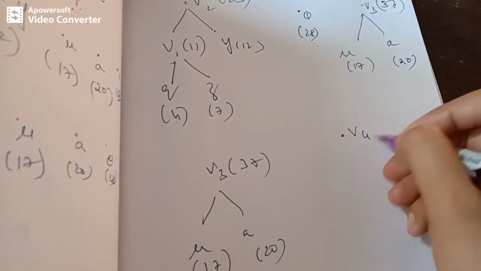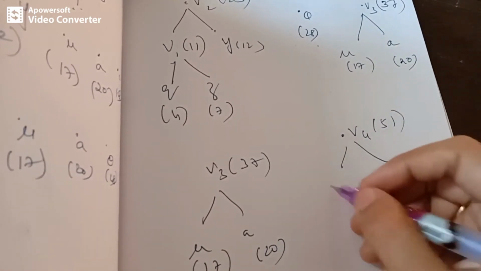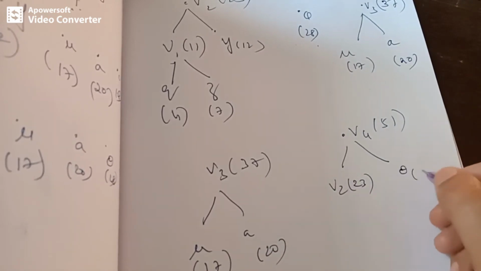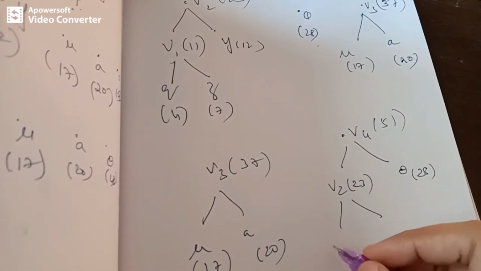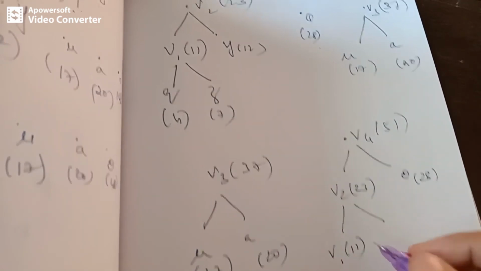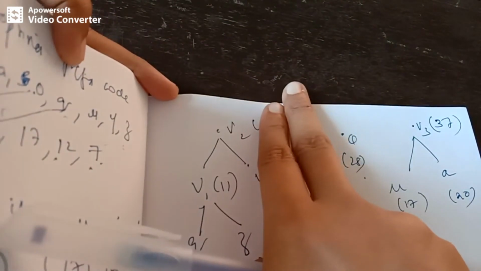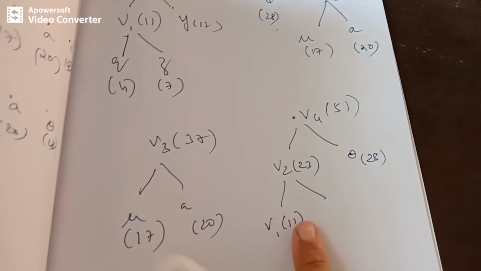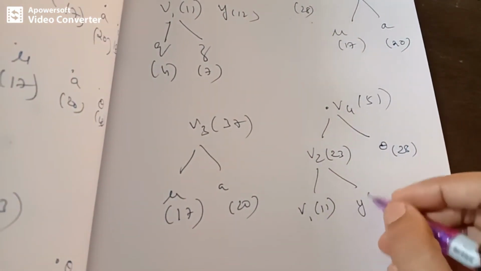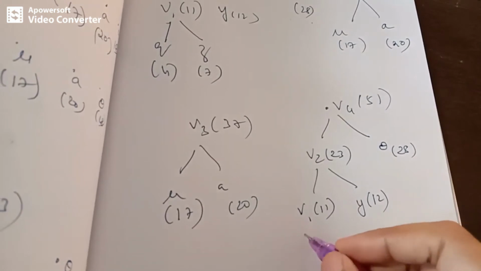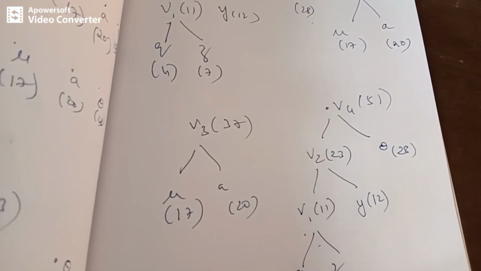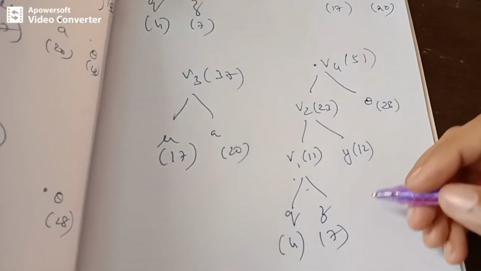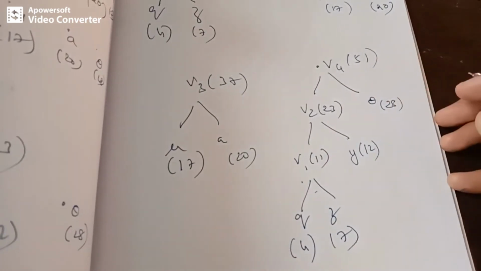The new tree has weight 51 with children V2, 23, and then we have O, 28, and V1, 11. I am just combining them with the new vertex, with the sum of the weights 51. I am just joining them. You can observe their children are Y, V1, and Y, and again you have subchildren, grandchildren. So here you can observe the hierarchy in the tree.